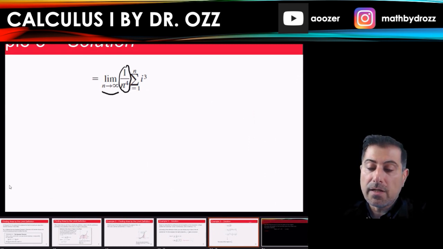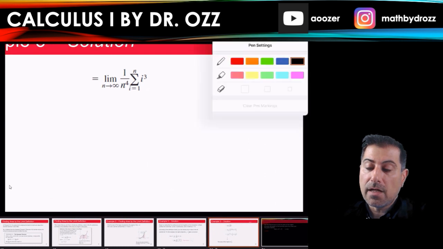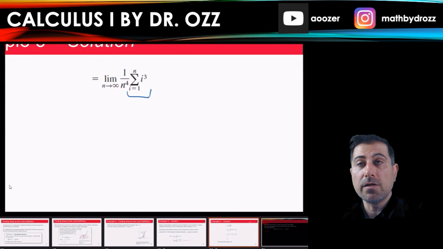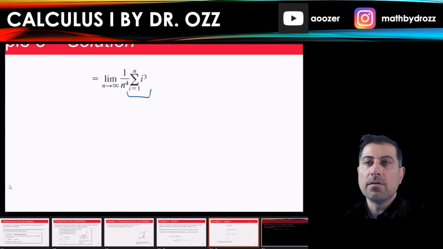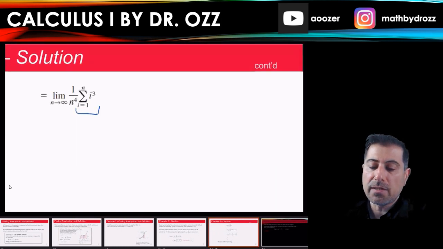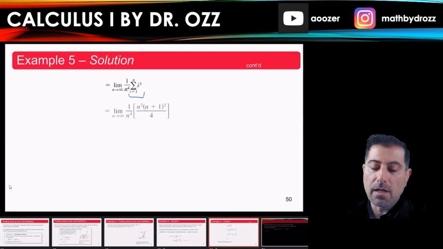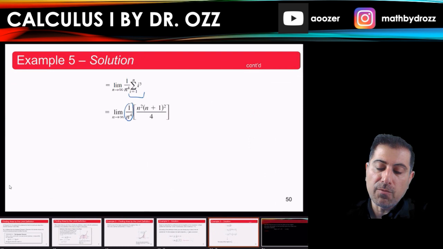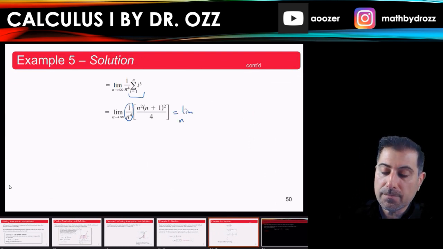Now to find the sum, use the summation formula. This is the sum of the numbers cubed, i from 1 to n, and it comes with the formula n squared times (n plus 1) squared divided by 4. Now this is multiplied by 1 over n to the 4th. Let's expand this out real quick.